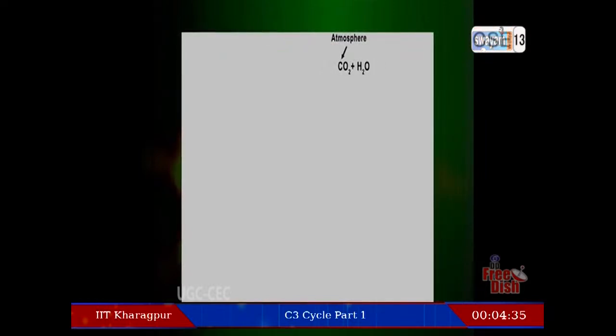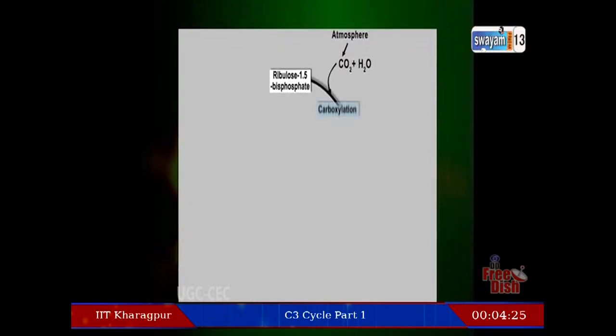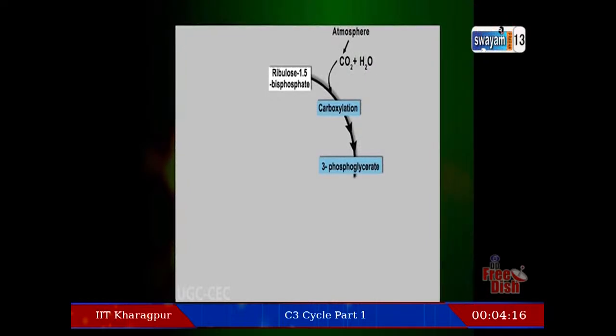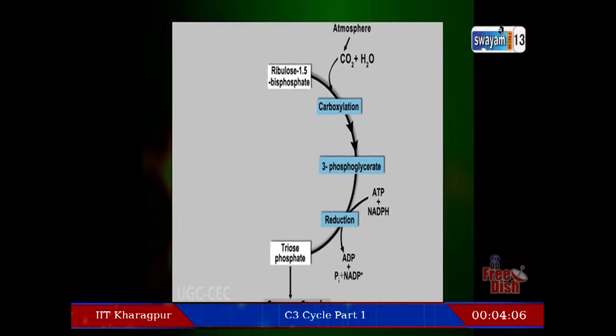In the Calvin cycle, carbon dioxide and water from the environment are enzymatically combined with a 5-carbon acceptor molecule, that's ribulose 1,5-bisphosphate, also called RuBP, to generate 2 molecules of 3-carbon intermediate. This intermediate, that's 3-phosphoglycerate, also called 3-PGA, is reduced to carbohydrate by use of ATP and NADPH generated photochemically in the light reaction.